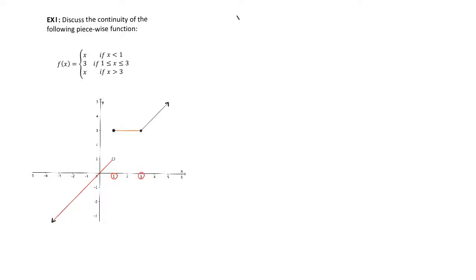So let's think about that. What happens at x equals 1? I am hoping that you're noticing that at x equals 1, the function is not continuous. The function has a jump discontinuity at x equals 1. How do we know that? Well, simply because the limit as x approaches 1 from the left of f of x is equal to 1.